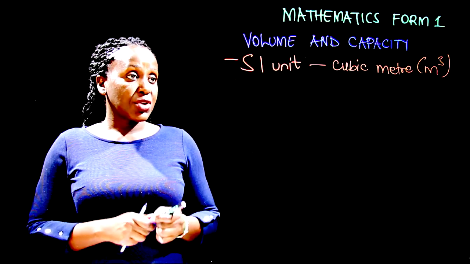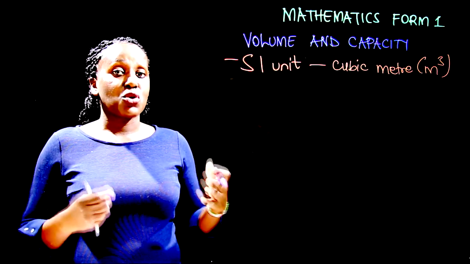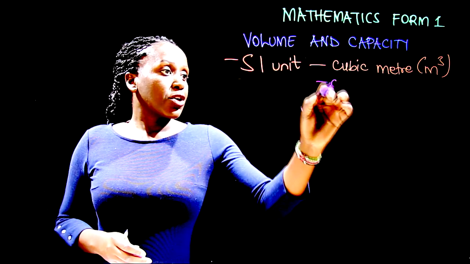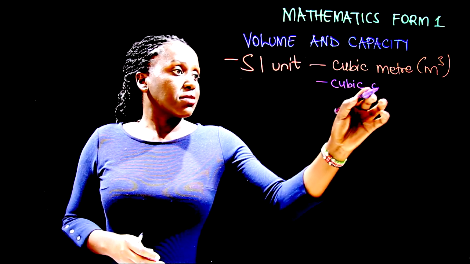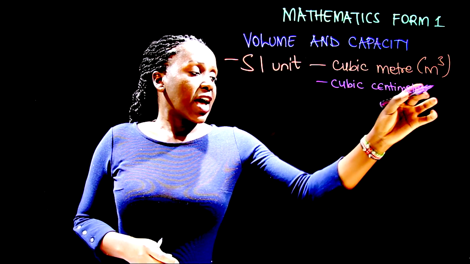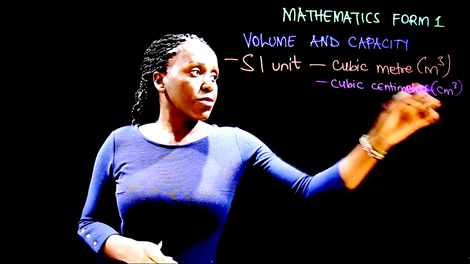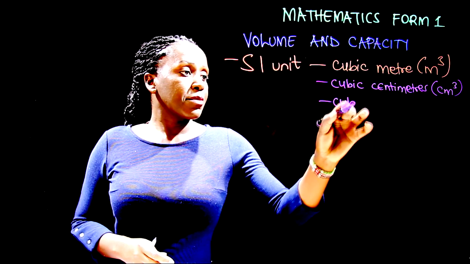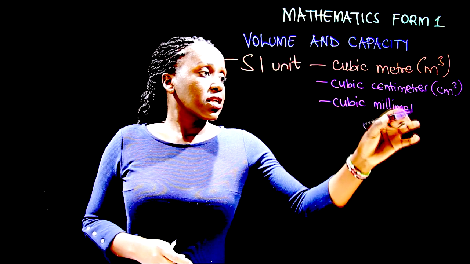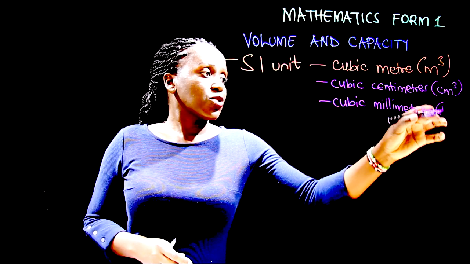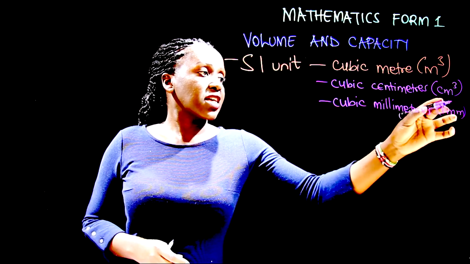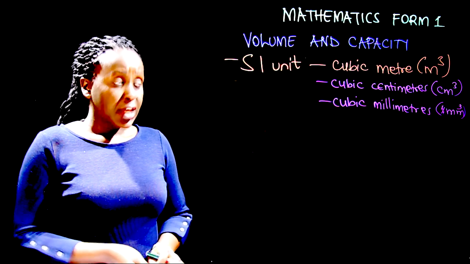No, there are other units, and the other two most commonly used units of volume are cubic centimeters, which is written as centimeters cubed, or cubic millimeters, which is written as millimeters cubed.